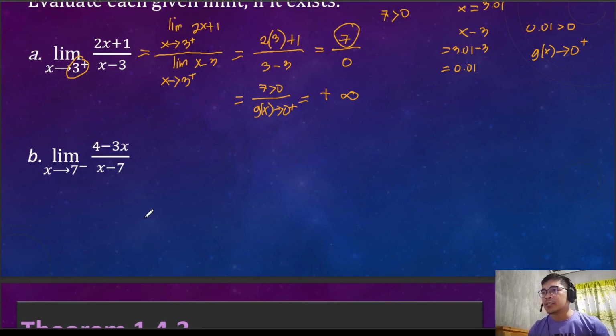The next one is the limit of 4 minus 3x all over x minus 7 as x approaches 7 from the left.